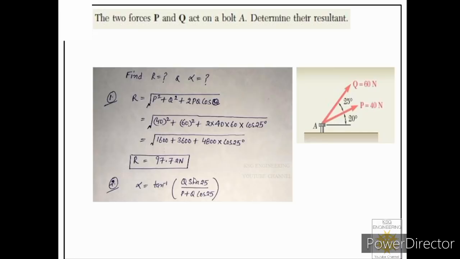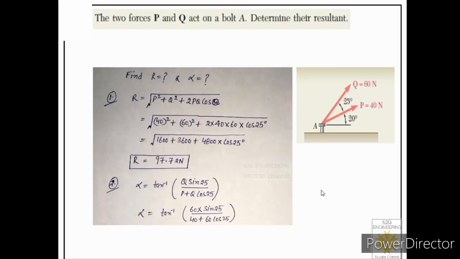Over here it is directly mentioned as Q. So this is F2 sin theta divided by F1 plus F2 cos theta. So you can see we have entered the value of 60 Newton in the numerator and denominator. So that means we are considering this angle alpha with the 40 Newton force.